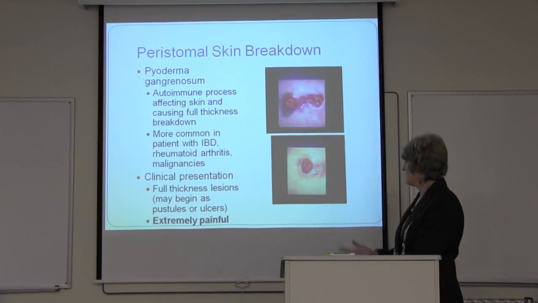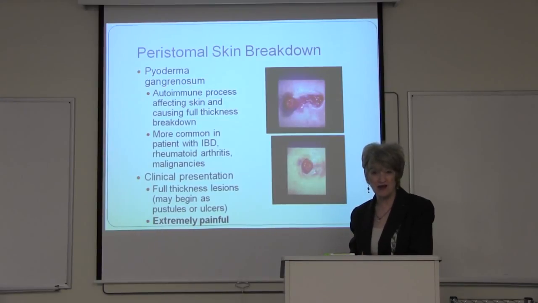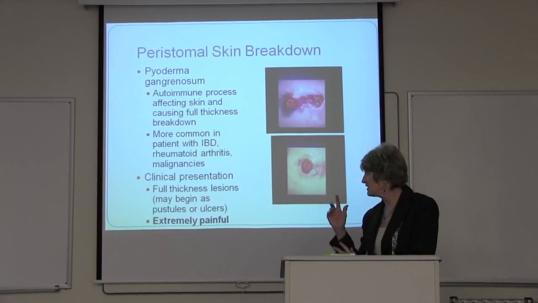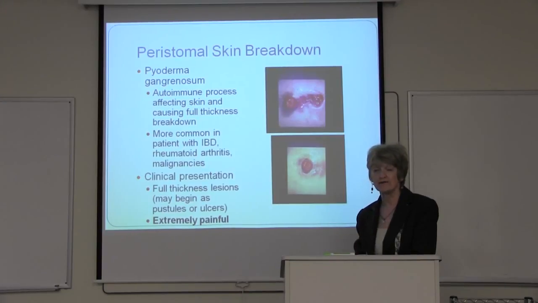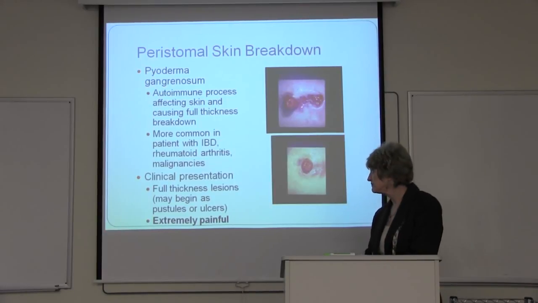So what do we know about pyoderma? We know that it's an autoimmune process that attacks the skin and that causes full-thickness breakdown. We talked about that. We know that patients who have other autoimmune conditions are higher risk, specifically patients with inflammatory bowel disease, patients with rheumatoid arthritis, patients with malignancies, patients on chemotherapy.